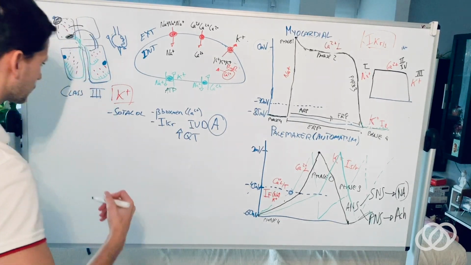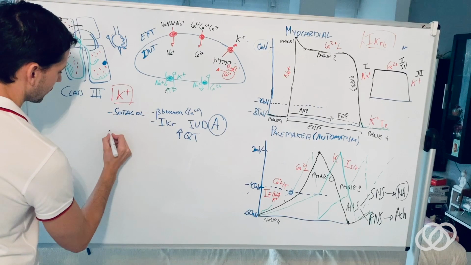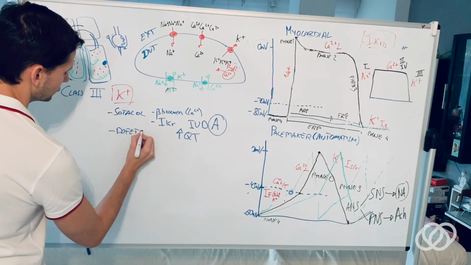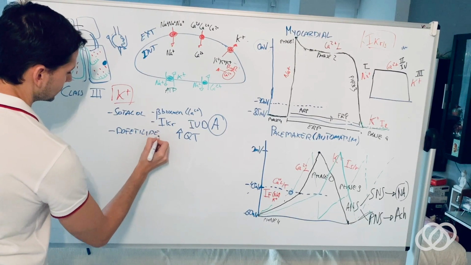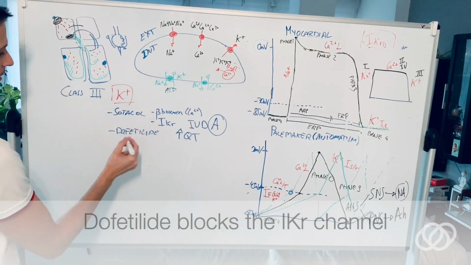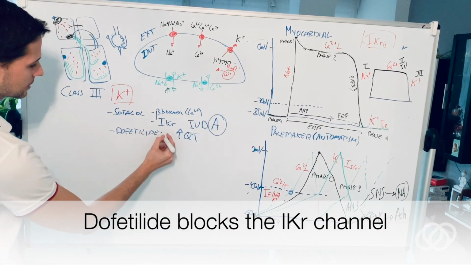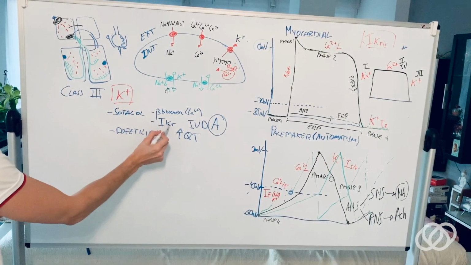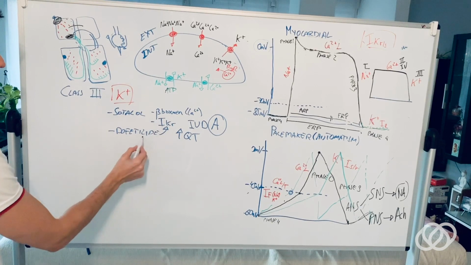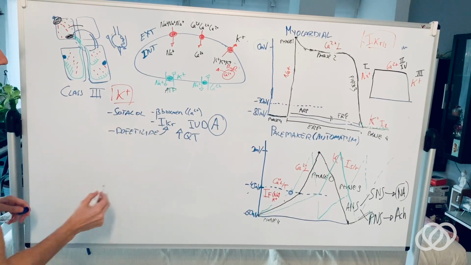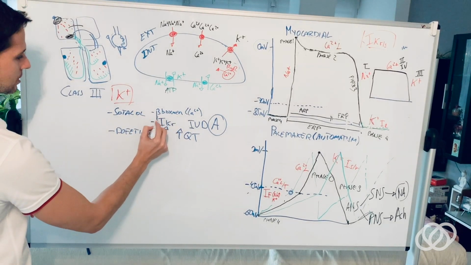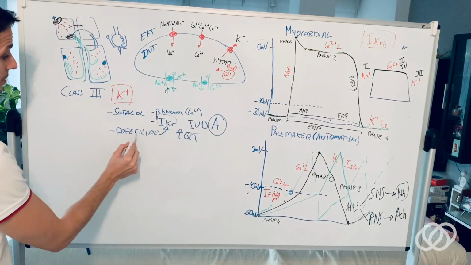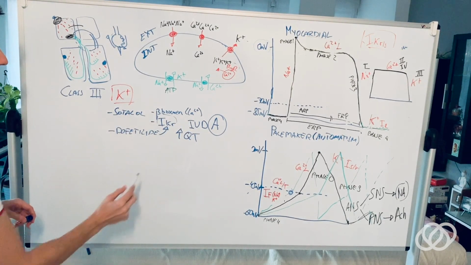Okay, so we also have other drugs, that is dofetilide. It blocks the same potassium channel. It doesn't have the beta blocker effect, but because it blocks these channels and has the inverse use dependence, we are going to have the same problem as with sotalol.